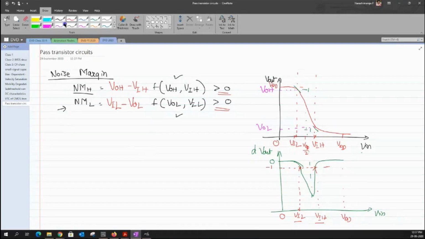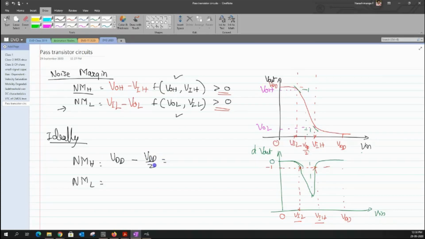But now I just want to talk about the ideal condition. Ideally, what's supposed to be the noise margin of high and the noise margin of low? What's supposed to be these values? VDD by 2. Yes, this would be VDD by 2. The way that we get this is that we want our VOH to always stick to one single point, which is VDD, and we want VIH to be equal to VDD by 2.